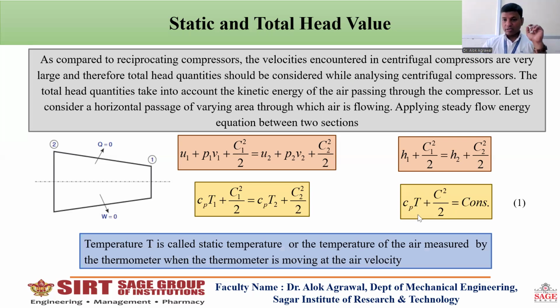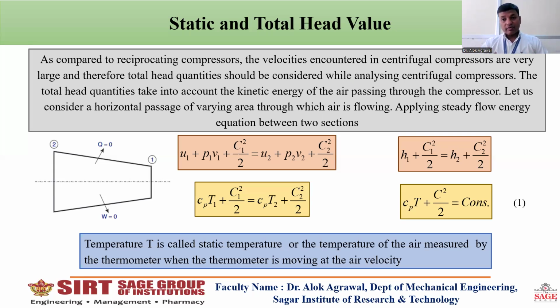Now see what is happening in this equation. This T is called the static temperature. Static temperature means we are experimentally determining the temperature of air while the measuring instrument, that is the thermometer, is traveling with the same velocity as the fluid, which means there is no relative motion between the flowing fluid and the measuring instrument.